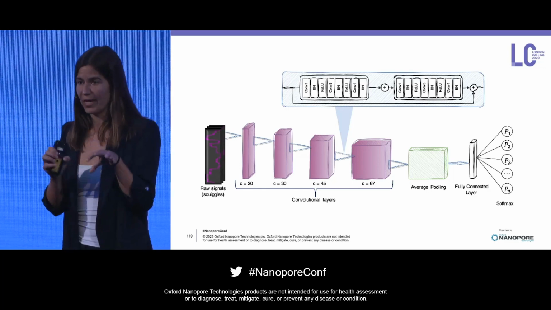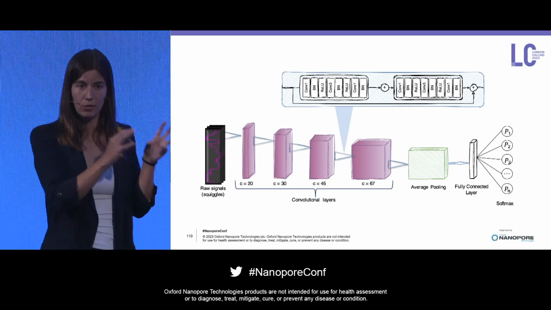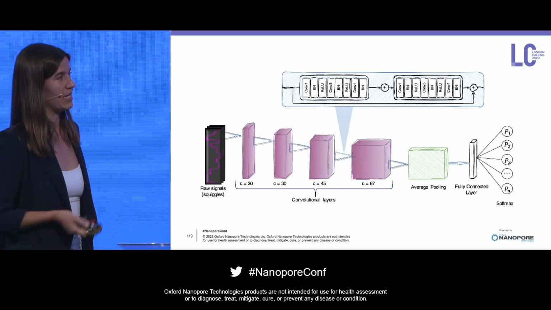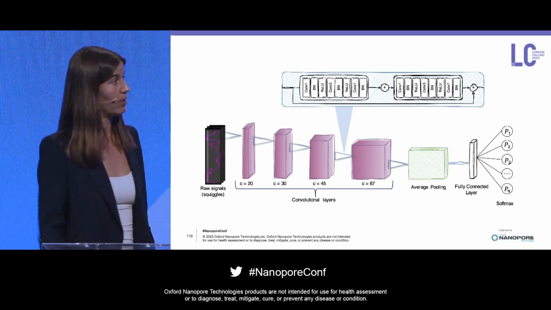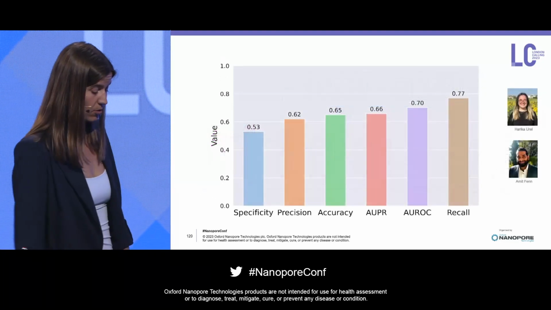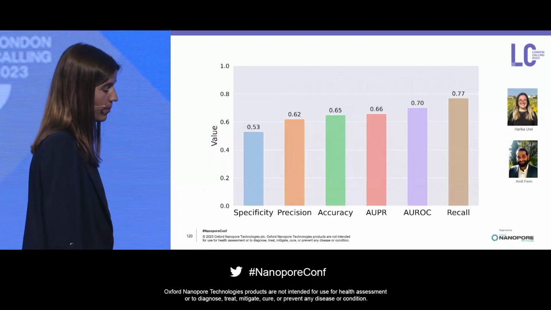And importantly, we trained this model using our data to then give a binary prediction of alive versus dead. And I will show you some very preliminary results of this, but please check out the poster of my team members, and also Harika will talk a bit more about this later on.